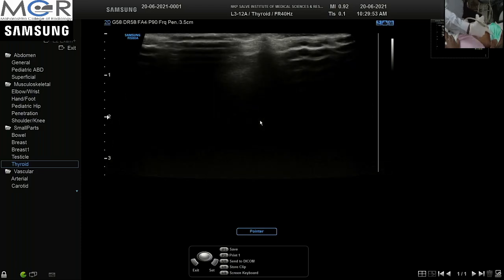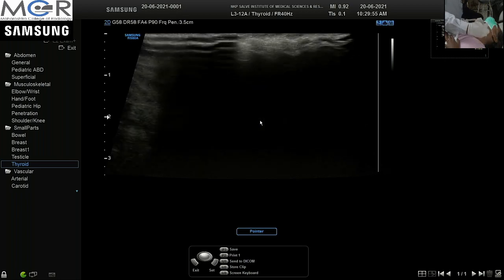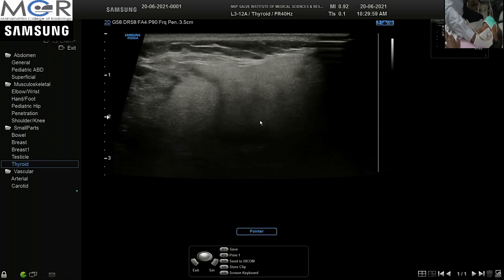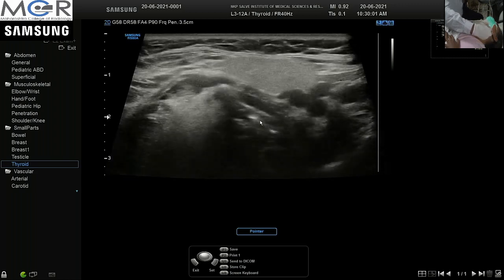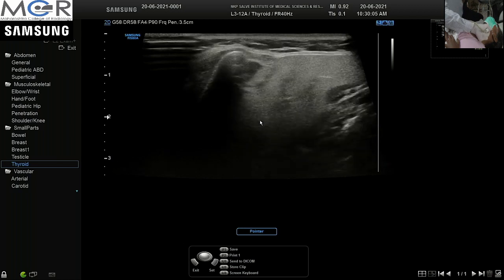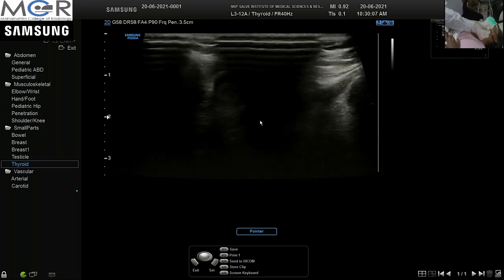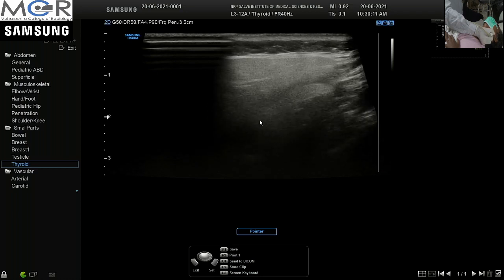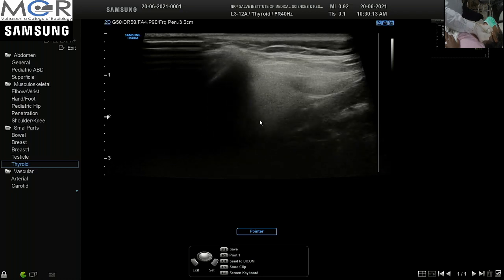Once you have seen the right side, just go to the left side and repeat the same thing. See the submandibular gland, go laterally to the parotid. See them in two planes. This is the parotid, retromandibular vein coming medially.